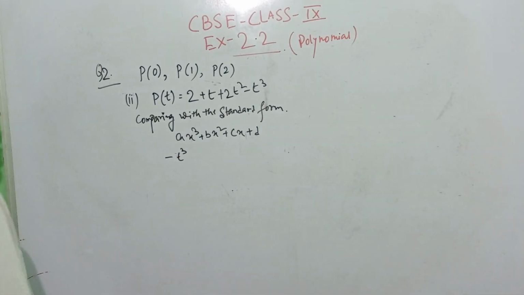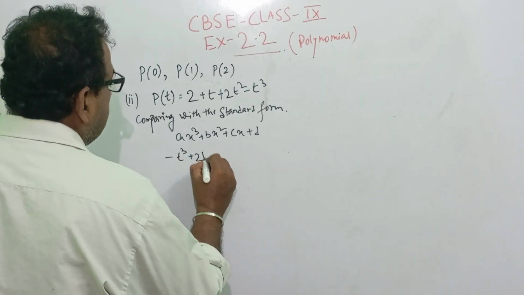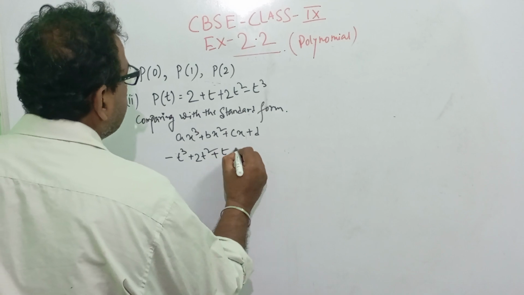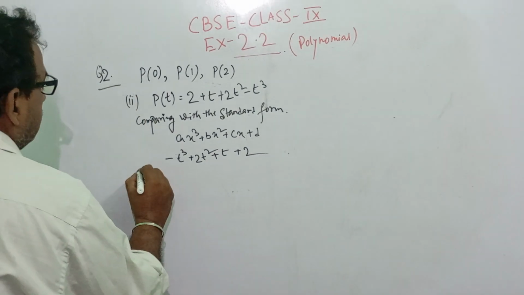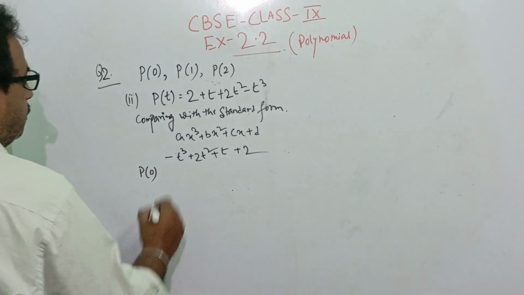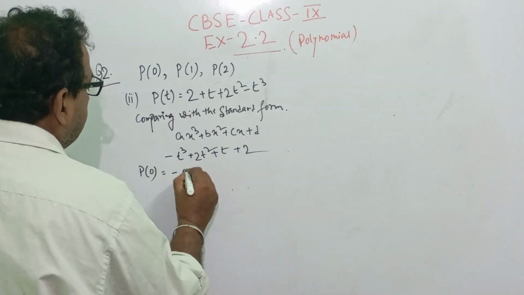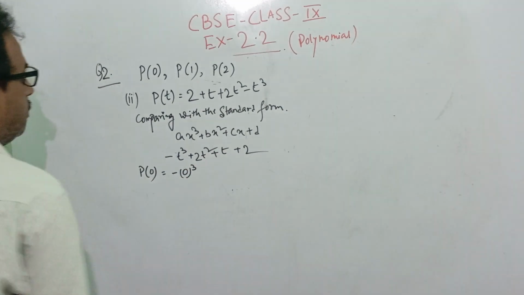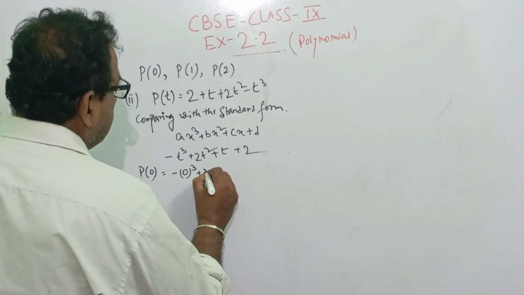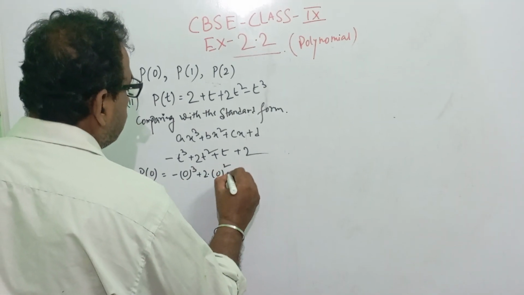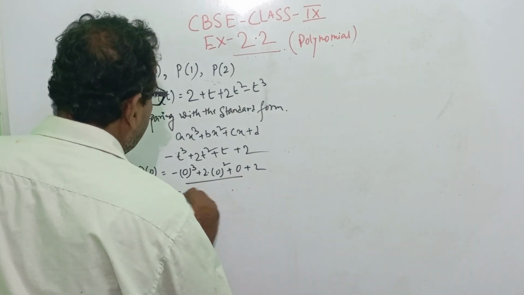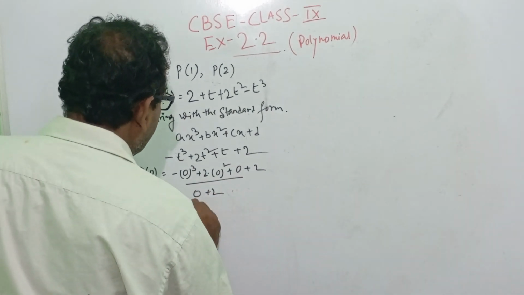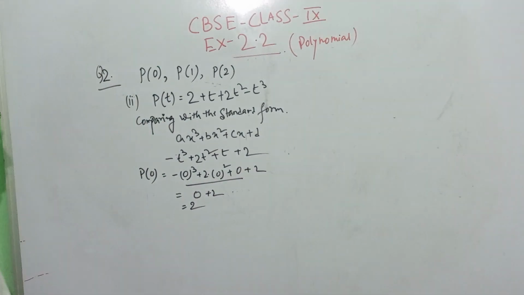Minus t cube plus 2t square plus t plus 2. Now first one, t is equal to 0. Then what happened? Minus 0 cube plus 2 into 0 square plus 0 plus 2. This all part is 0 plus 2, that is 2.